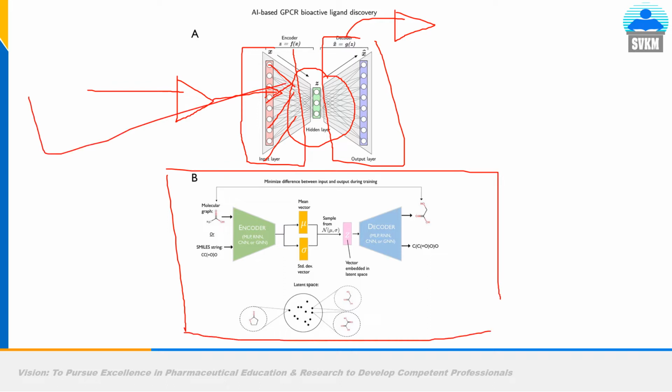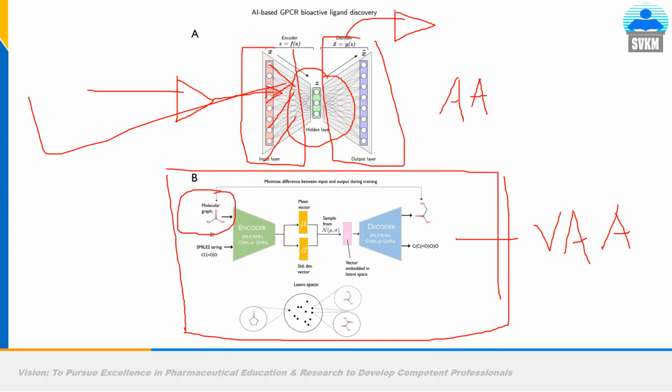This is the general concept. In the case of drug discovery, chemistry or the pharma domain, the encoder will do the same job, but this is the variational autoencoder, and the previous one was the simple, plain, standard, classical or vanilla autoencoder. In the variational autoencoder, the input is the molecule structure, and this will be the SMILES string, the way to show a molecule to the machine learning model.